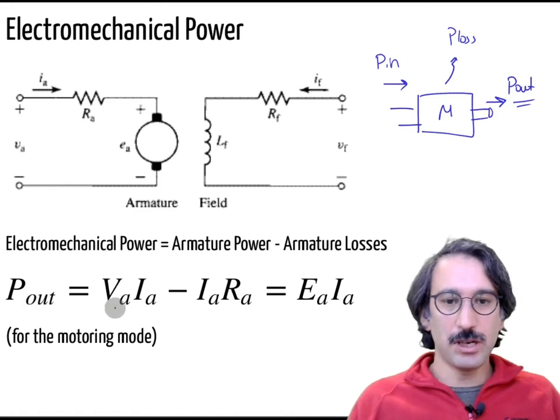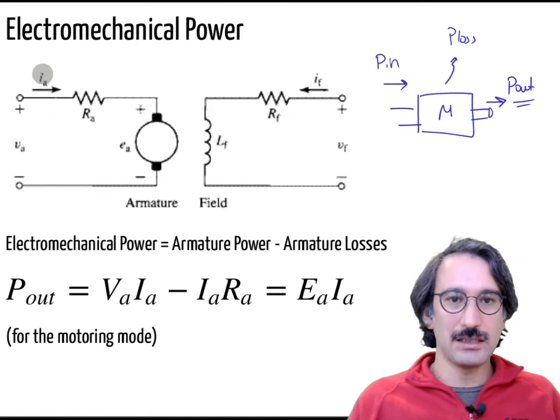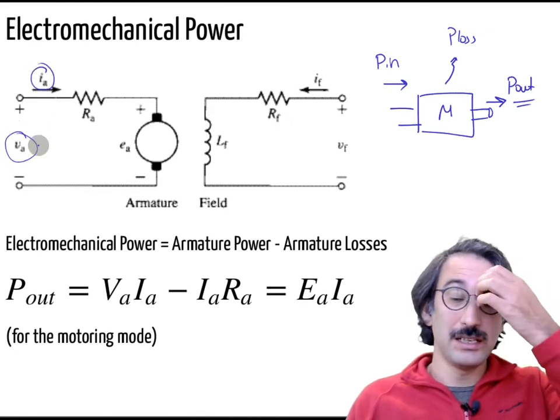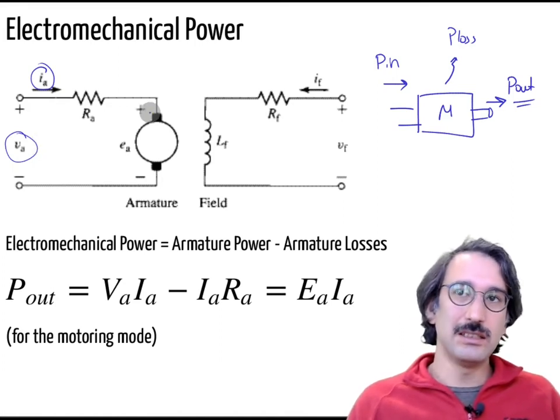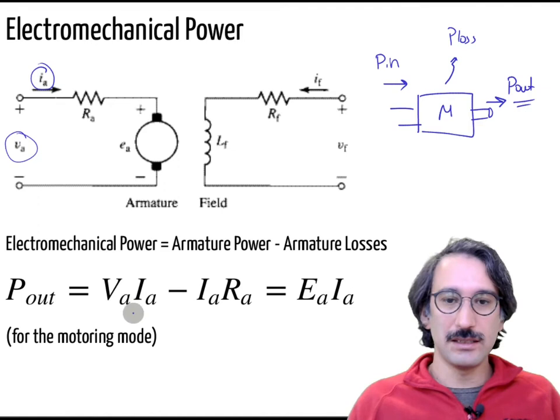So the input power is VA times IA, and since we are talking about DC power here, there's no power factor or that kind of things, as we had in the transformers or AC systems.